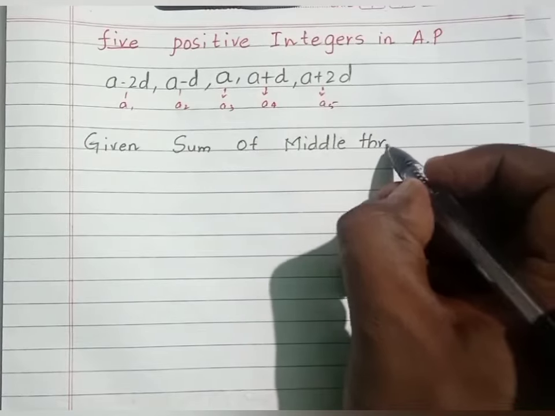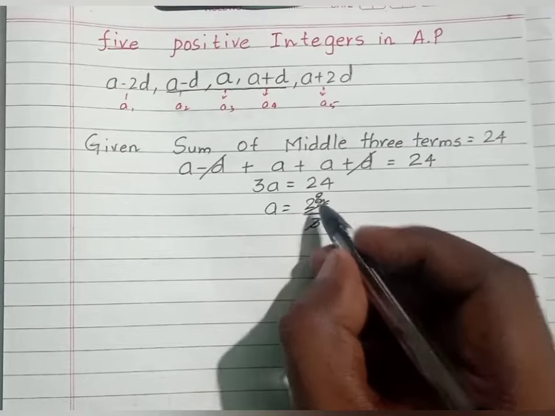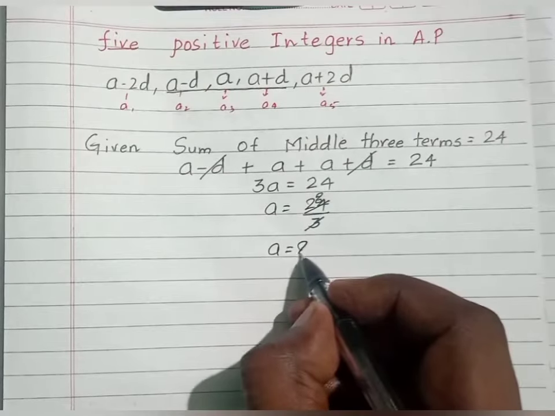So I'll add A minus D plus A plus A plus D equals 24. Now plus D and minus D will cancel out. The remaining terms give 3A equals 24. Now A equals 24 divided by 3. 3 eights are 24, so A equals 8.